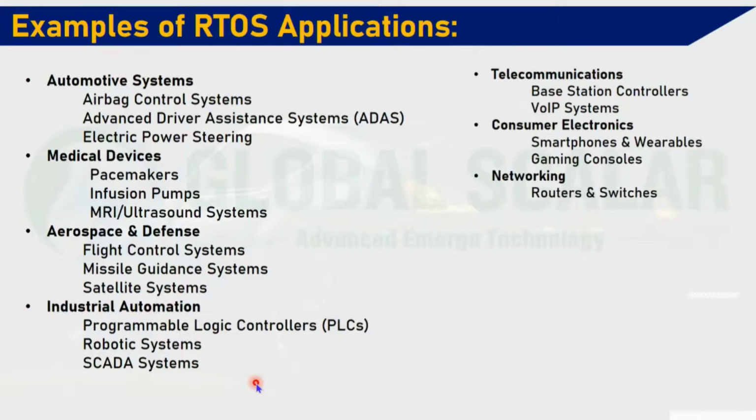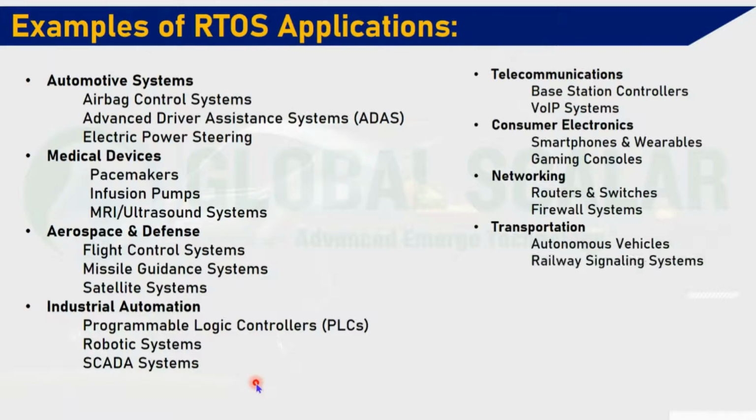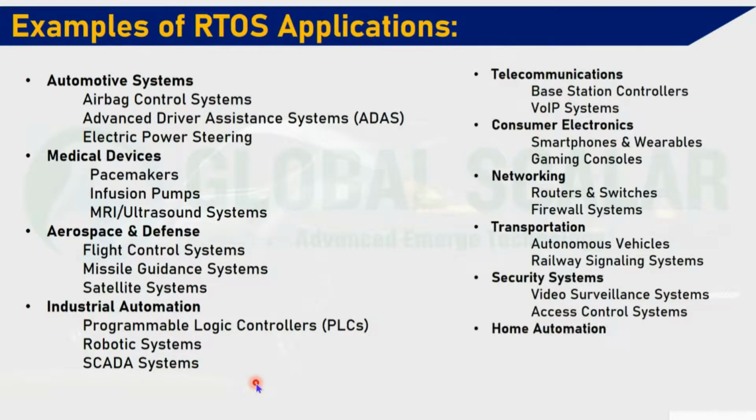And we have networking, routers and switches, and firewall systems; transportation, autonomous vehicles, railway signaling systems; security systems like video surveillance and access control systems; and home automation like smart thermostats and voice assistants. So those are the examples of RTOS hardware which is essentially used in many areas of embedded systems.